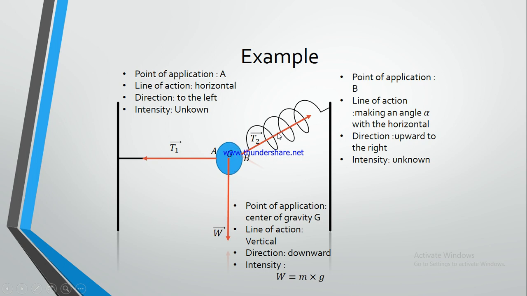Why? Because the spring attracts the ball upward to the right, and the string attracts the ball to the left. Now, if we cut the spring, the ball should rotate to the left due to the two forces, the tension of the string and its weight.